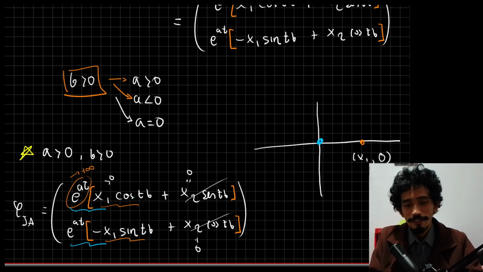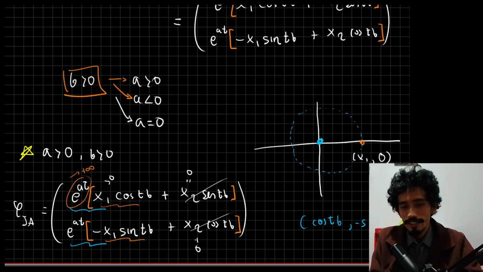Then you know that if you have a function that is cosine of t times some constant and minus sine of t times that constant, this describes a circle.